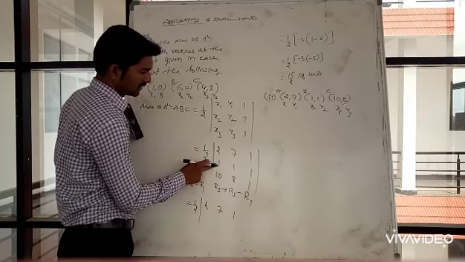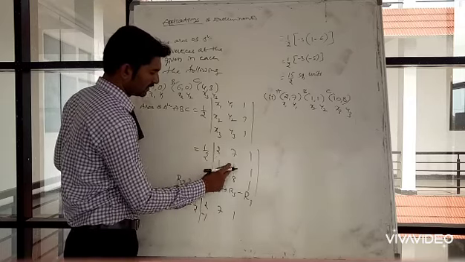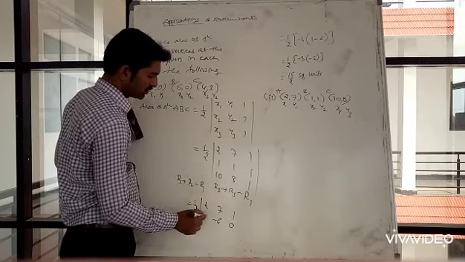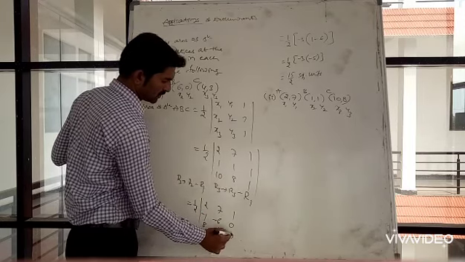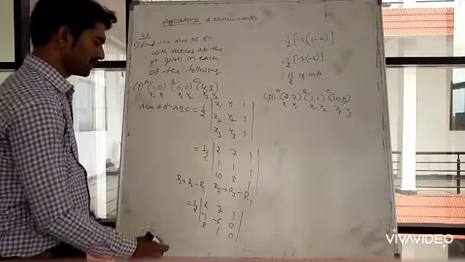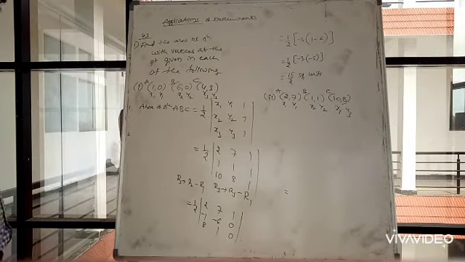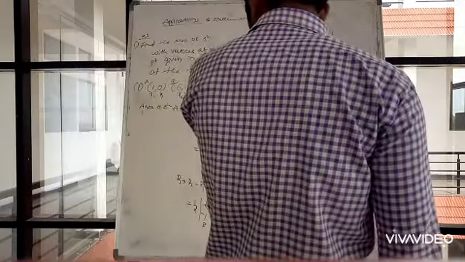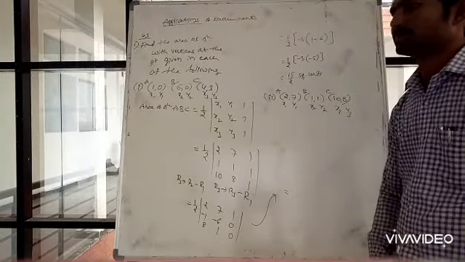Here, 1 minus 2 is minus 1, 1 minus 7 is minus 6, 1 minus 1 is 0. 10 minus 2 is 8, 8 minus 7 is 1, 1 minus 1 is 0. So now we expand along the third column C3. You expand and you get the answer: minus 12 plus 7. Simplify this and you get the answer.